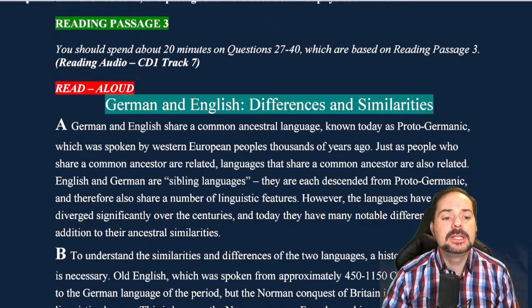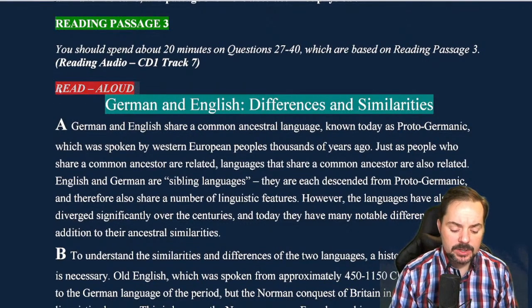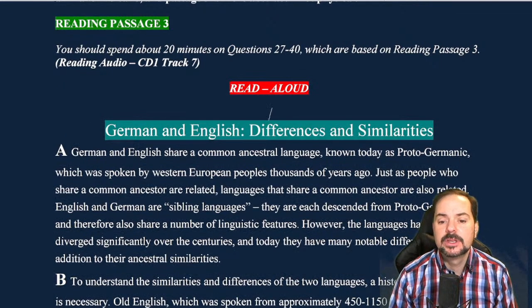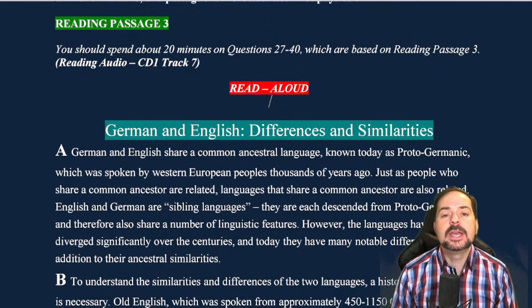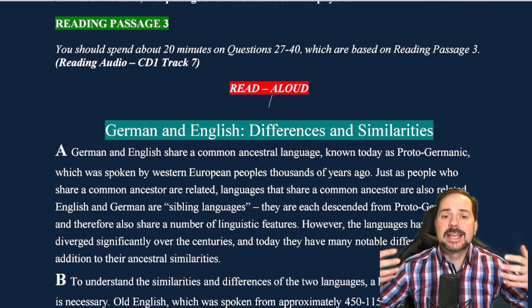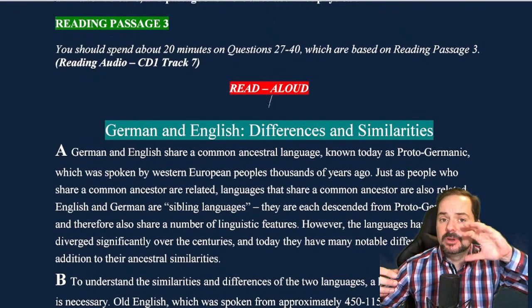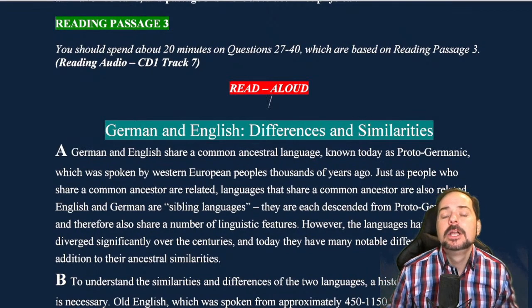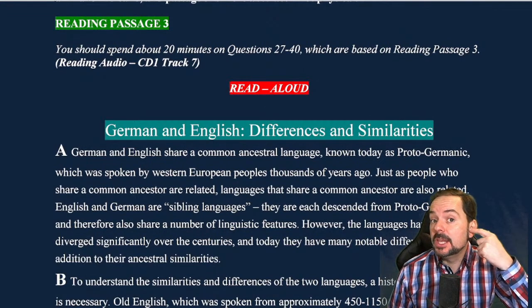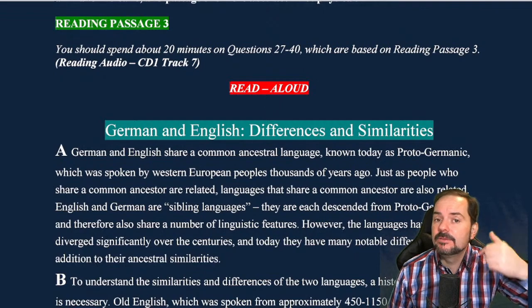Reading aloud means that you hear yourself read, and when you hear yourself read, you're using what's called multiple sensory integration. It's just a really fancy way to say that you're using multiple parts of your senses. So you're using your muscles of your mouth, your tactile, you're using your eyes, of course, you're reading, you're using your ears because you hear yourself reading.